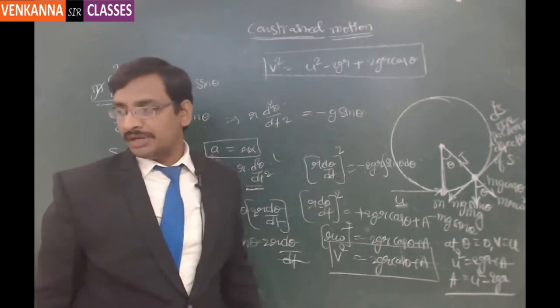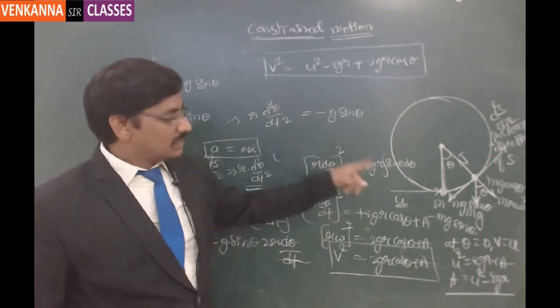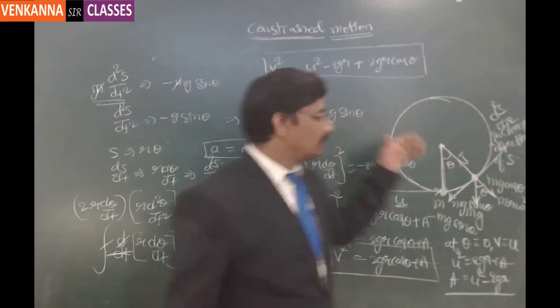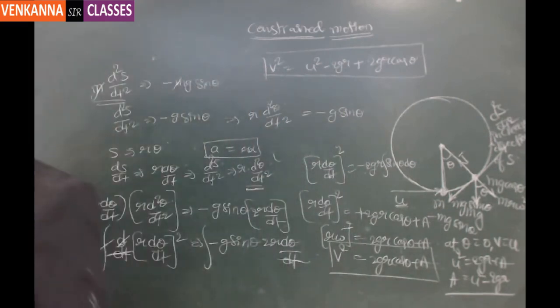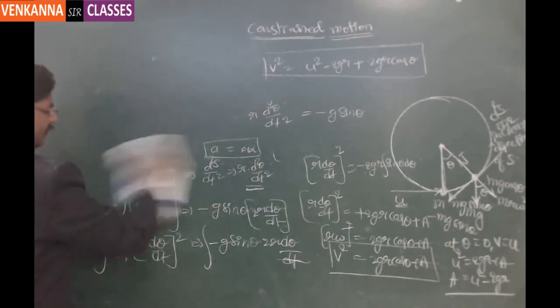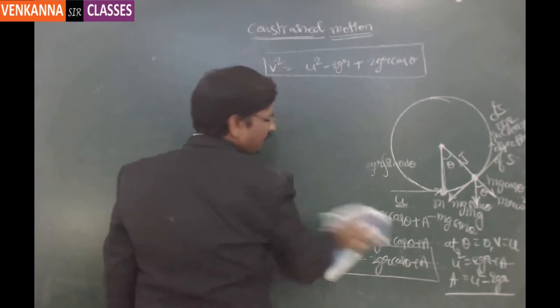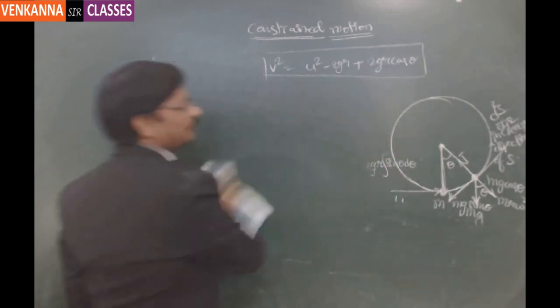Now there is one more important relation, that is the tension in the string at any instant. We can derive that with the same kind of analysis. Got it? Okay, note this down; we are going to derive the relation for the tension as well. In the radial direction, there are three different forces acting. One is the centrifugal force, which is away from the center, the tension towards the center, and the weight component mg cos theta, which is away from the center.